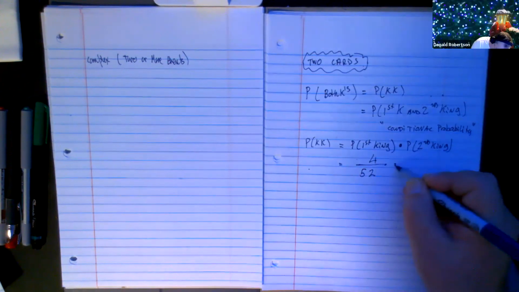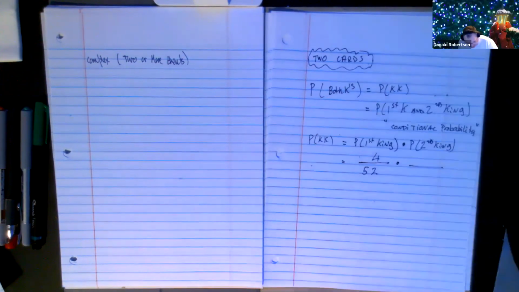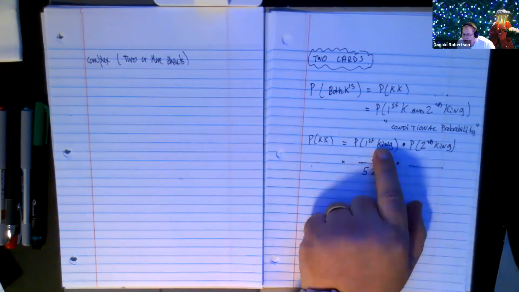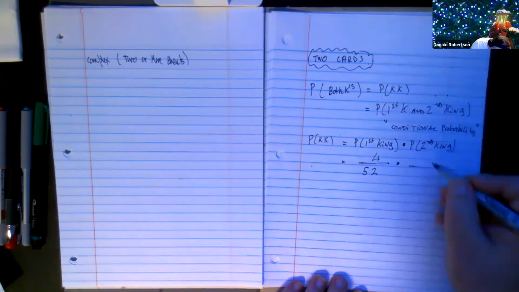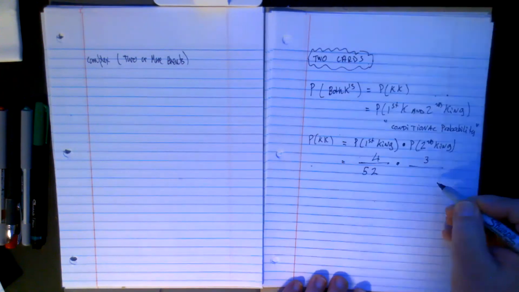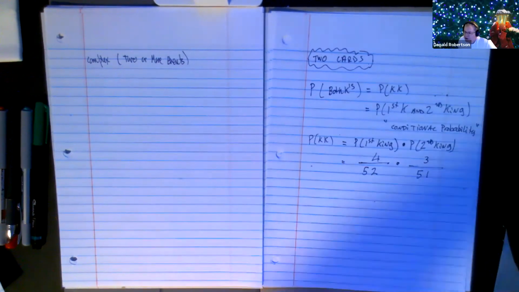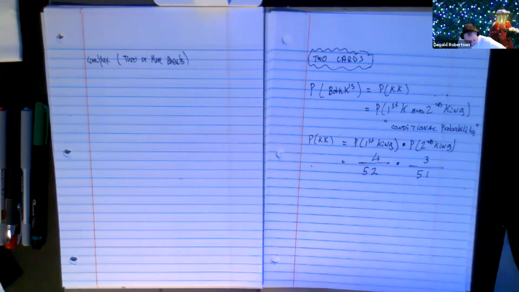Now the conditional probability. When we say the second one is a king, aren't we assuming that the first one already has to be a king? So we've used up a king. So now it's only 3 out of 51, right? So you remember those questions where it kept on changing every time? That's an example of it.